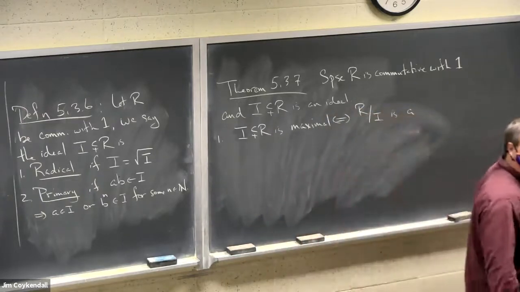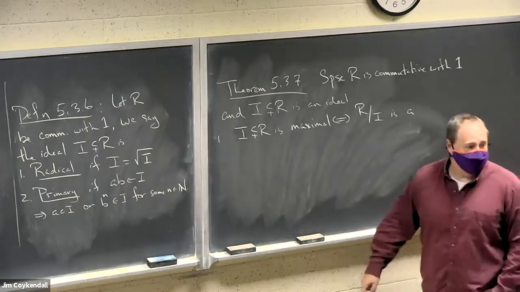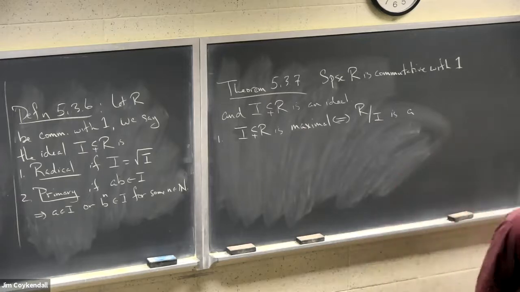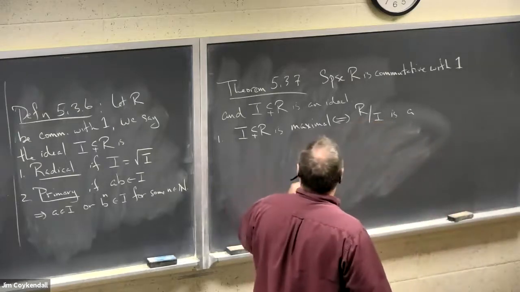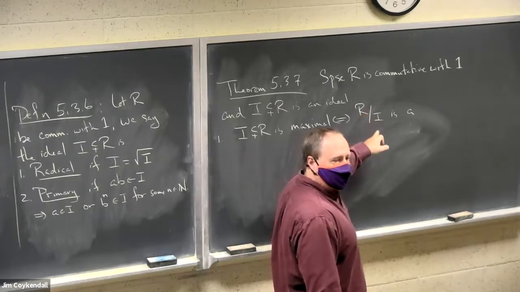You might want to guess this one. What's that? Prime ideal? Well, yes, any maximal ideal is prime, but what I'm saying is I is maximal. What does that mean about the structure of R mod I?